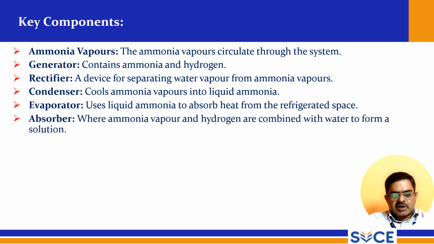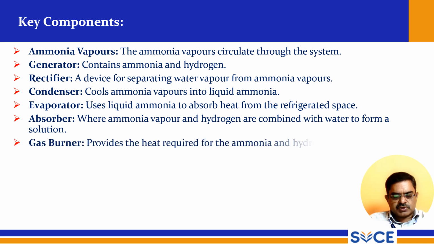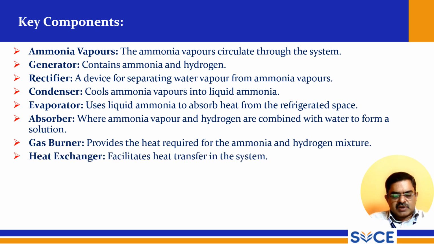The absorber is where ammonia vapor and hydrogen are combined with water to form a solution. The gas burner provides the heat required for the ammonia and hydrogen mixture. Last, the heat exchanger facilitates heat transfer in the system. These are the major components of the Electrolux refrigerator.